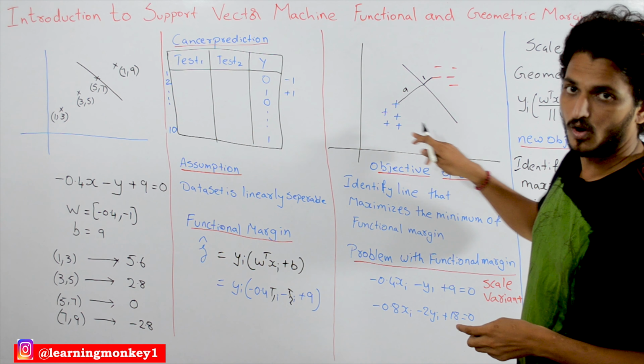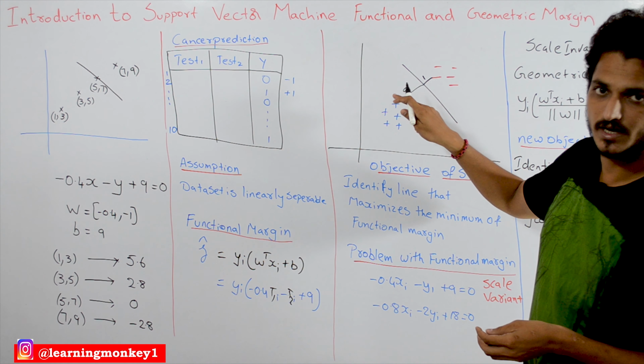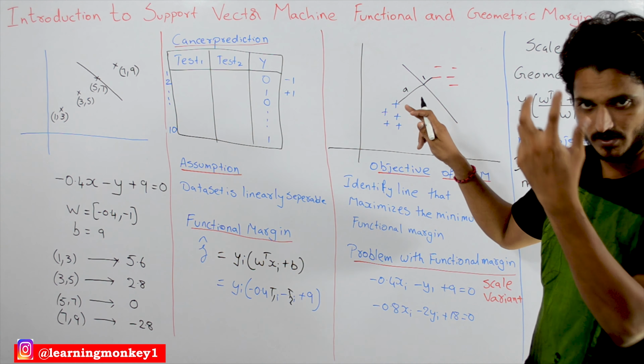So out of all the functional margins we calculated for the entire training data set, what's the minimum functional margin we got? 1. So the objective of our support vector machine is to maximize the minimum functional margin. We have to maximize this. That's the objective.